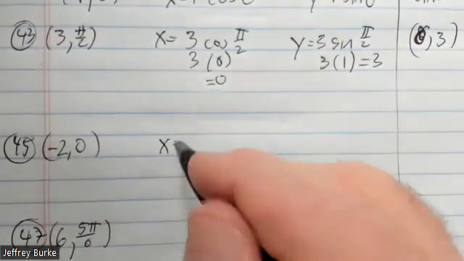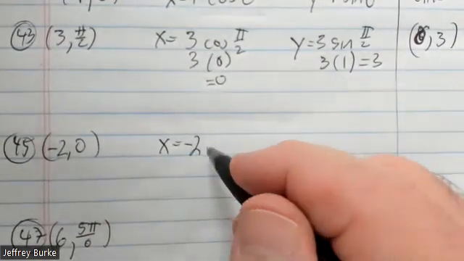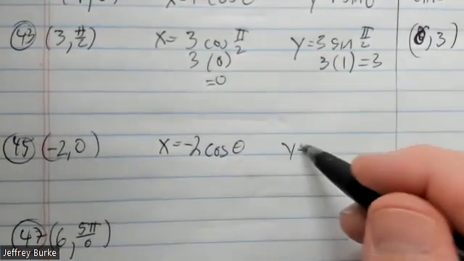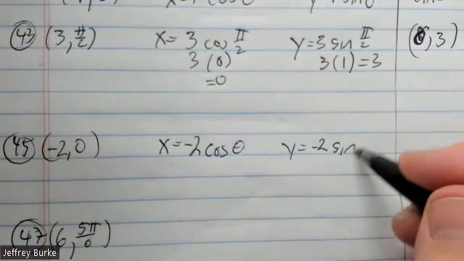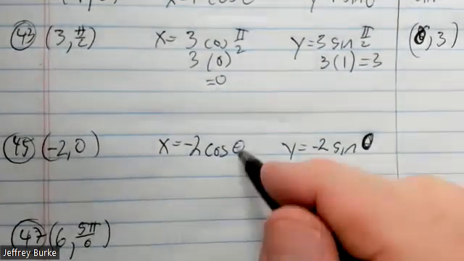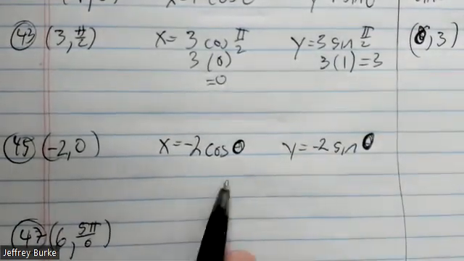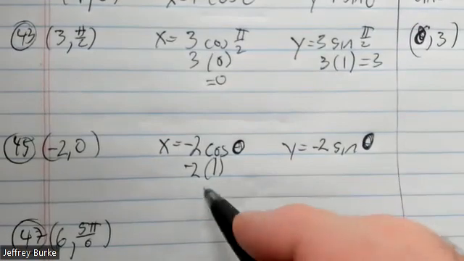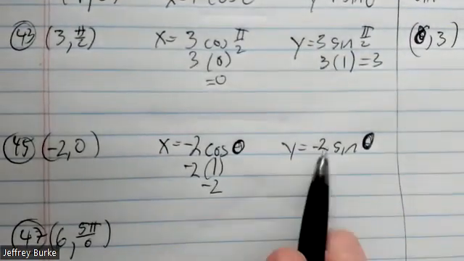Let's take a look at a few more examples before I have you guys try a few. 0.2, 0. So x is gonna equal -2 times the cosine of 0. Y will equal -2 times the sine of 0, not sine of theta, sine of 0. Cosine of 0, that's equal to 1. That's -2.